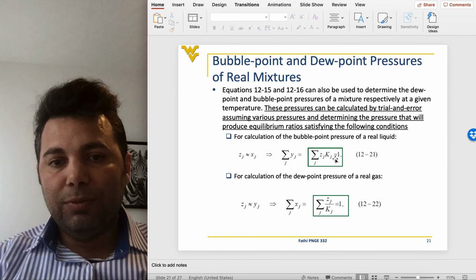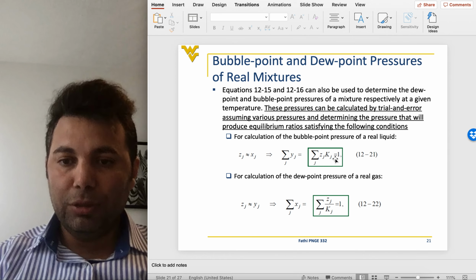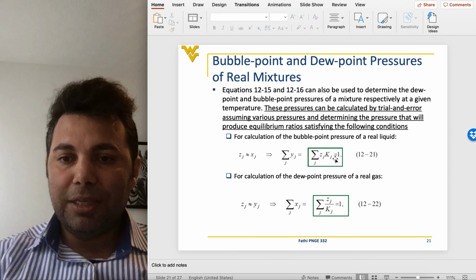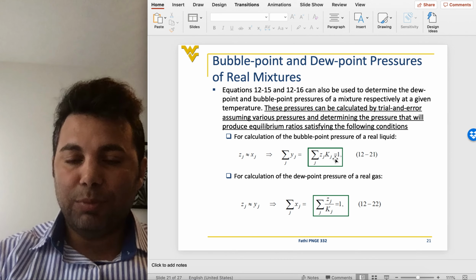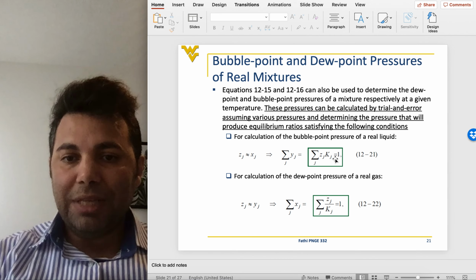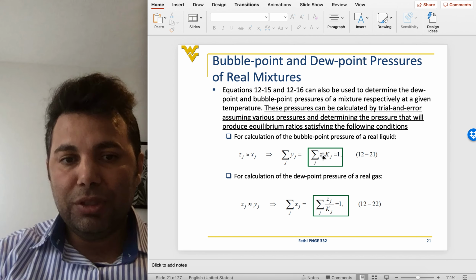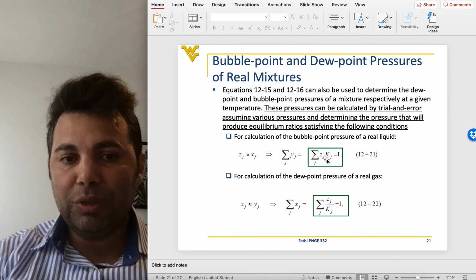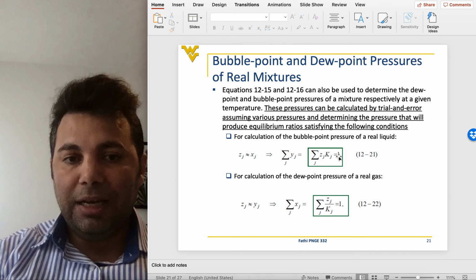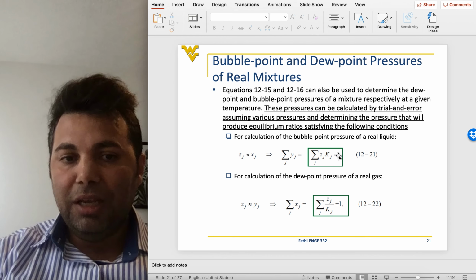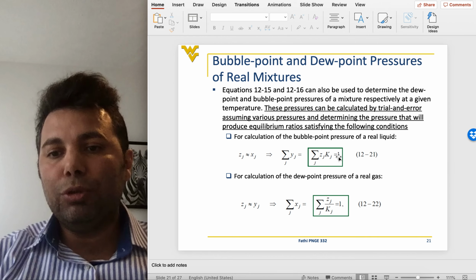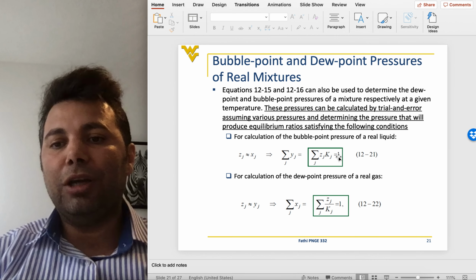So for the bubble point, I first assume the ideal solution and calculate the sum of Zj times PVj. That's my initial guess. I use that pressure, the composition which is given, and the reservoir temperature to read the Kj values and calculate the sum of Zj times Kj. If that's equal to 1, it means my solution is behaving exactly like the ideal solution.